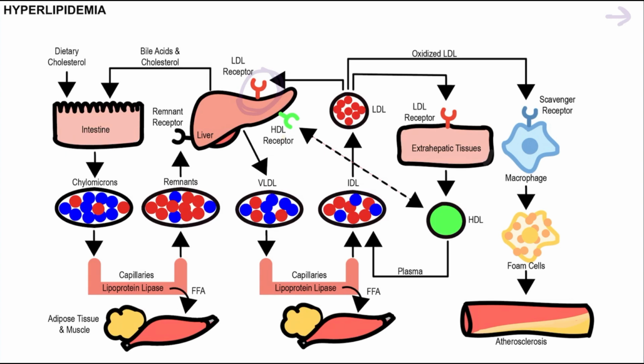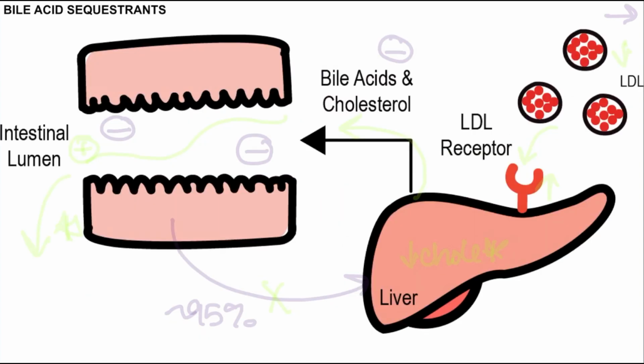We will talk about bile acid sequestrants, or resins, like colesevelam, colestipol, and cholestyramine, which also augment LDL receptor expression. So moving to the next slide. If you remember, the liver can convert cholesterol into bile acids, which are negatively charged, and these are excreted into the intestinal lumen via biliary excretion to act as a digestive surfactant to aid in the absorption of dietary lipids. Almost all bile acids are reabsorbed and recycled in this process.